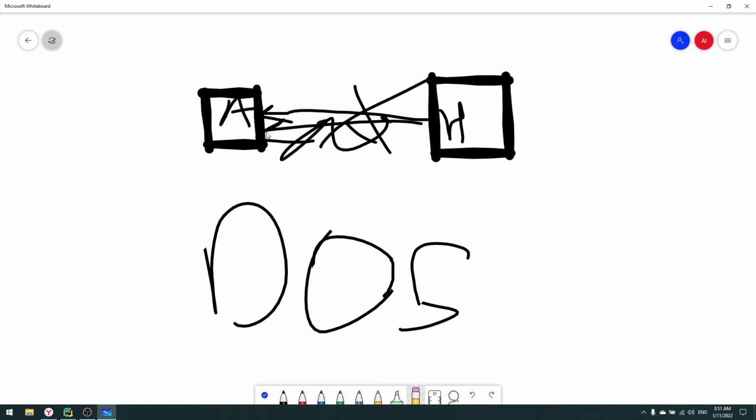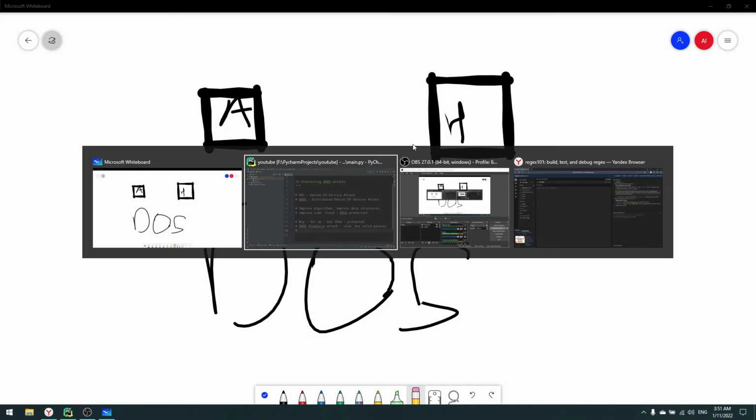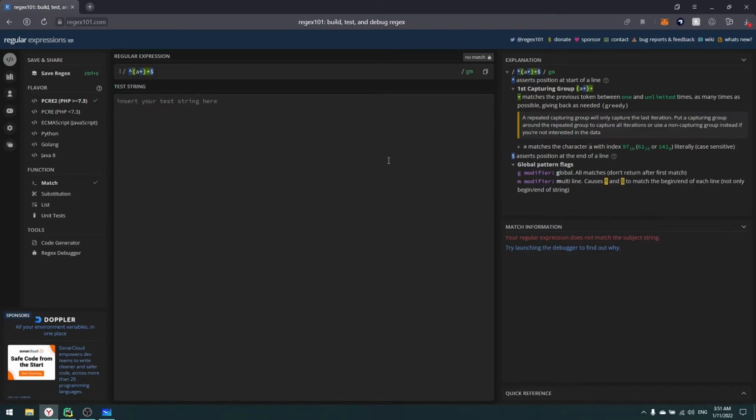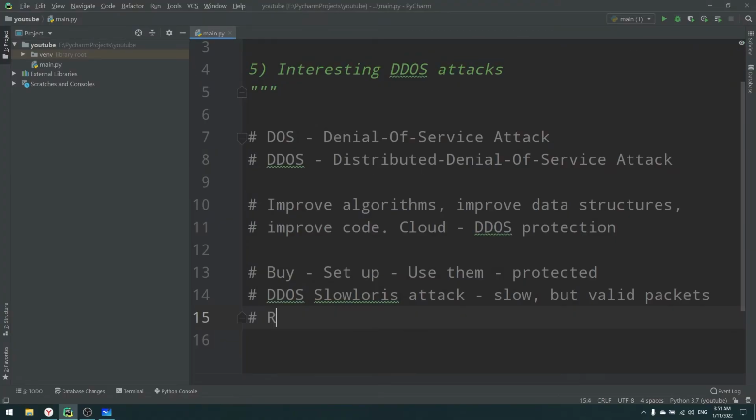Very basic. Because of that, they are using distributed DDoS attacks. But what I want to say is that your hacker can also use a regex attack, which is another type of DoS attack.